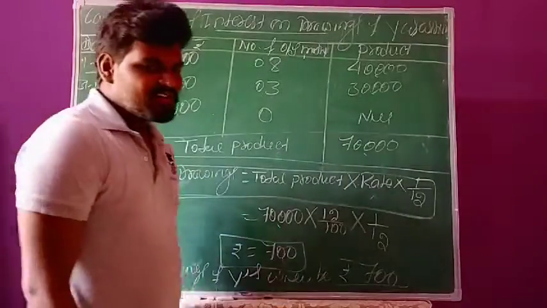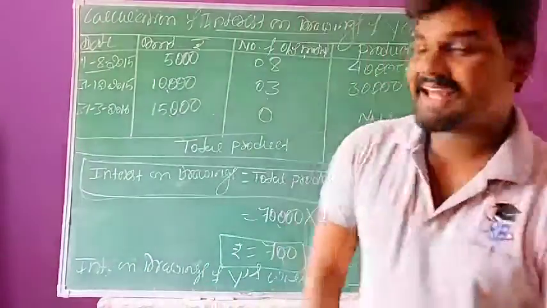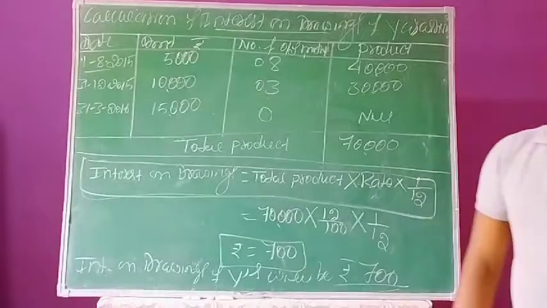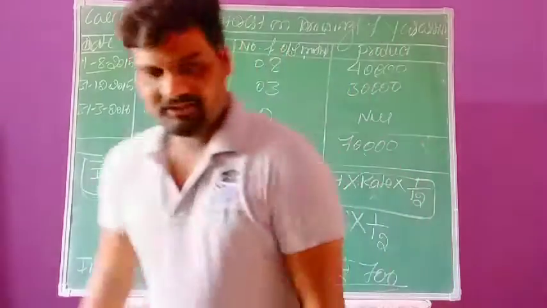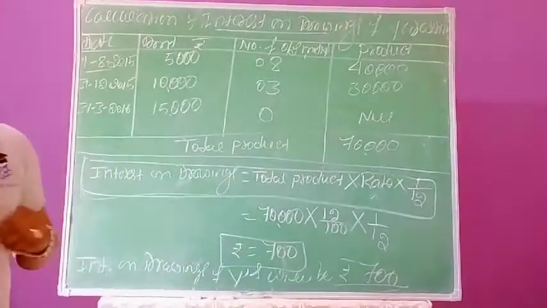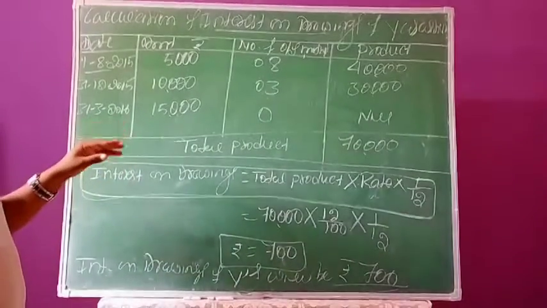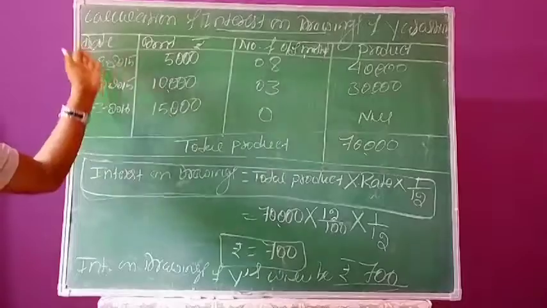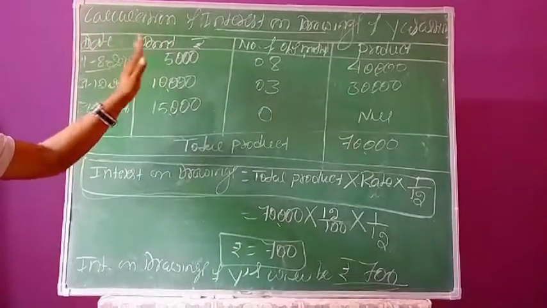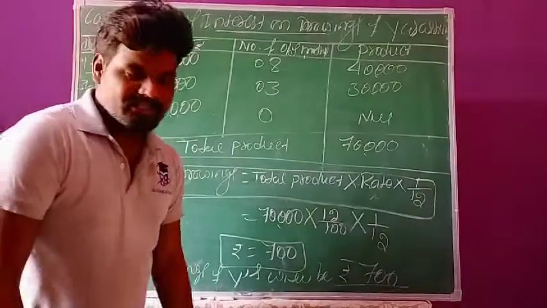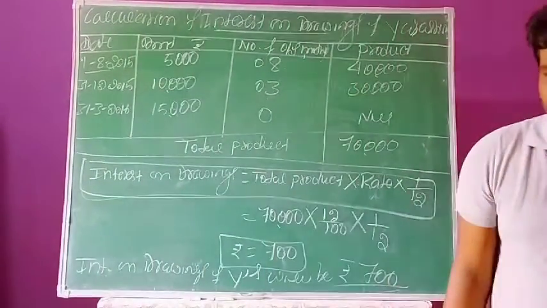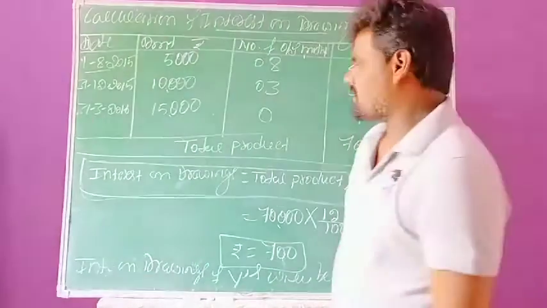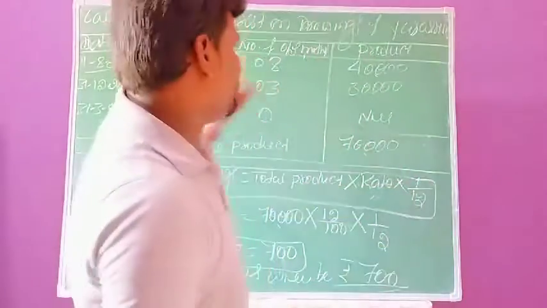So in this question, we have learned how to calculate interest on drawings. In the same way, we can calculate for other particular dates, whether it is the beginning of the assessment year, end of the assessment year, middle of the year, or on a quarterly basis, end of each quarter, beginning of each quarter, and different interval periods, in the same manner.